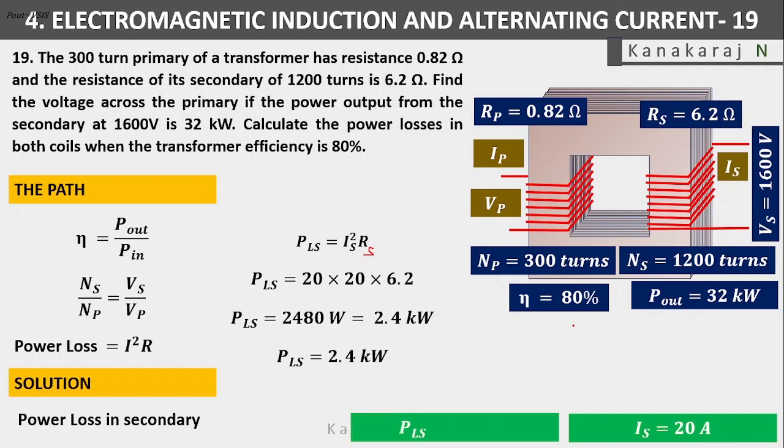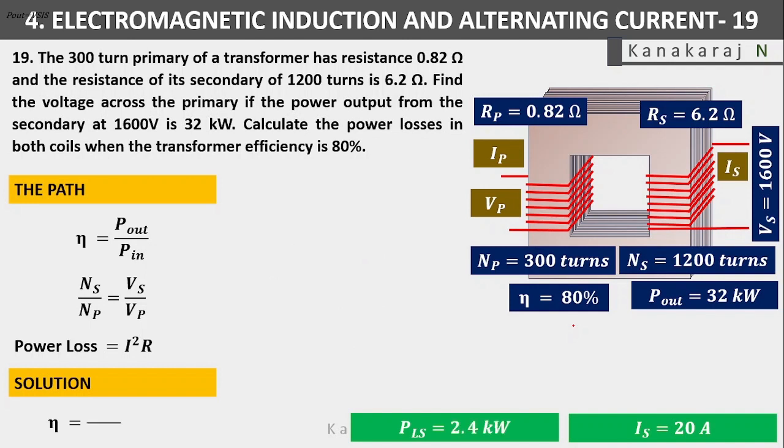So good. Now let us find the efficiency, P out divided by P in, 80 divided by 100. So we can say that the power out is 32 kilowatt, that is 32 into 10 power 3, divided by power in equals 80 by 100.